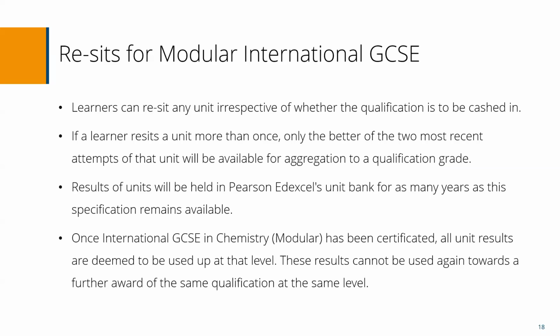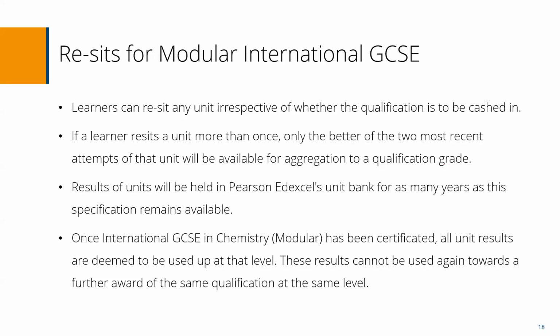So the resits with the modular, okay, so the learners can resit any unit irrespective of whether the qualification is to be cashed in or not. If a learner resits a unit more than once, only the better of the 2 most recent attempts at that unit will be available.